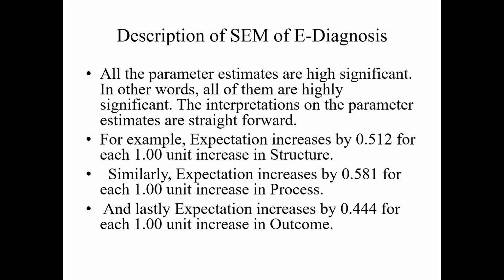For example, expectation increases by 0.512 for each 1 unit increase in structure. Expectation increases by 0.581 for each 1 unit increase in process. Lastly, expectation increases by 0.444 for each 1 unit increase in outcome. So this is the analysis of the SCM of e-diagnosis.